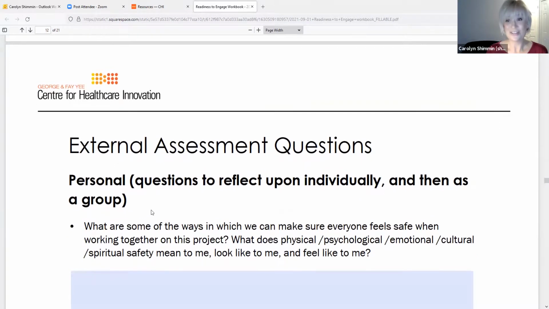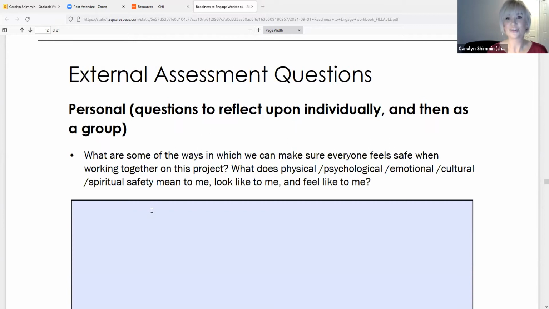For the external assessment questions, again, there are some personal questions to reflect upon individually, and then you move into the group. On the personal level, we want to think about what are some of the ways in which we can make sure everyone feels safe when working together on this project.